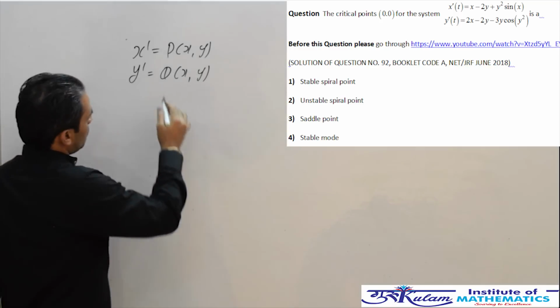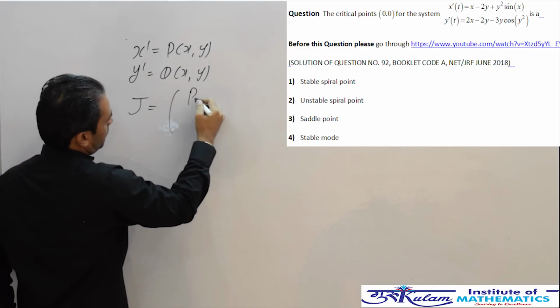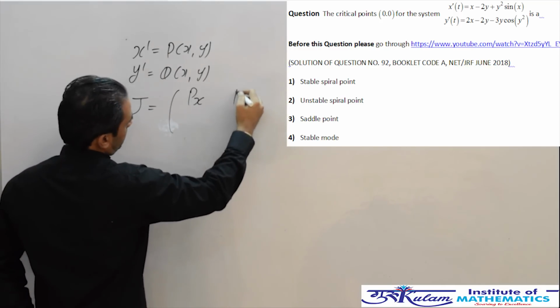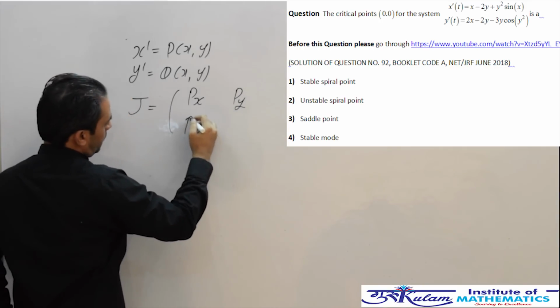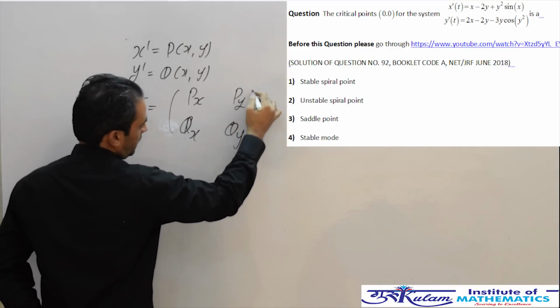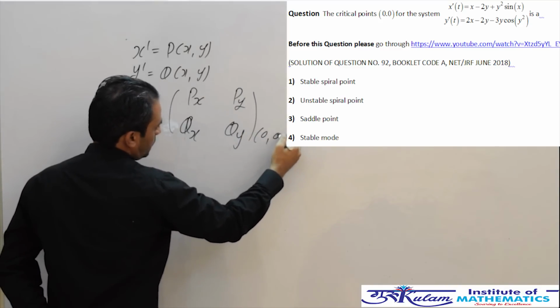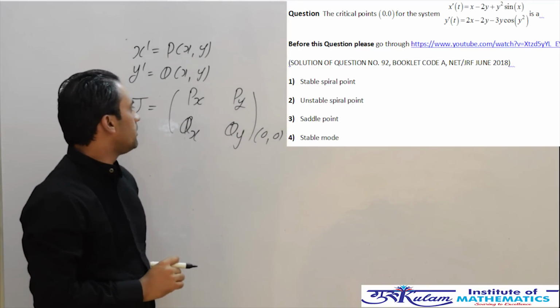Then the Jacobian matrix of this system is given by the partial derivative of P with respect to x, the partial derivative of P with respect to y, the partial derivative of Q with respect to x, and the partial derivative of Q with respect to y, at the given critical point (0, 0). We just have to find the Jacobian matrix.